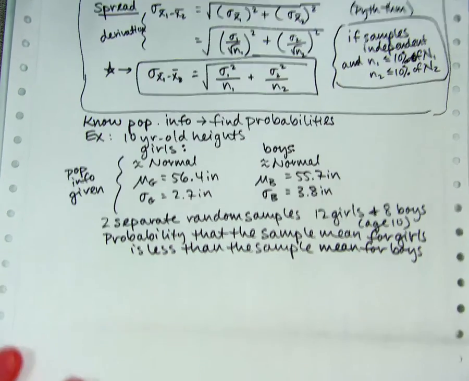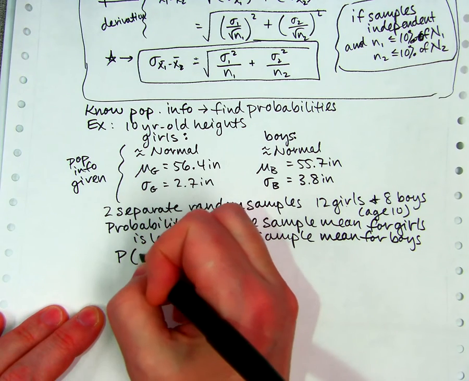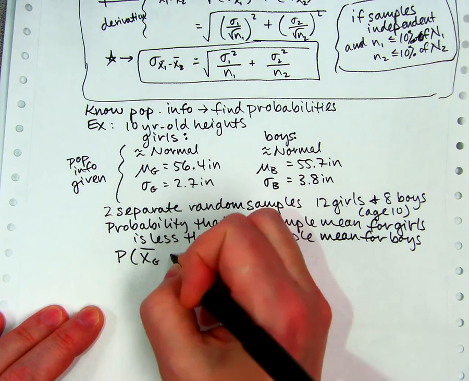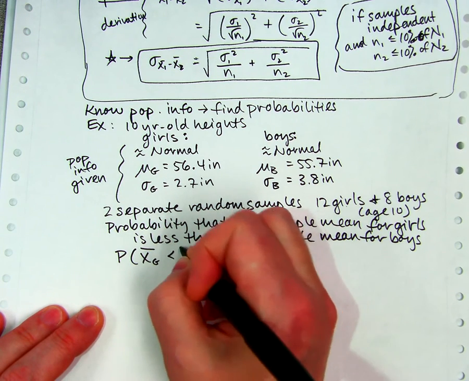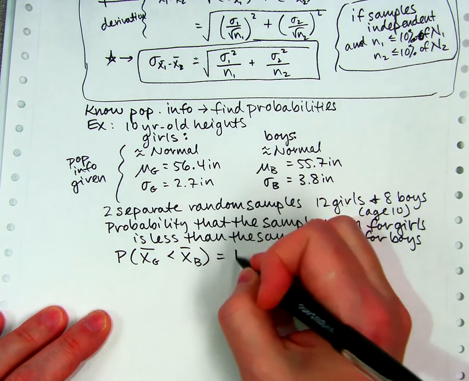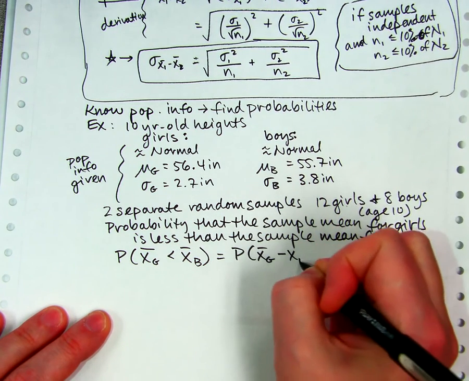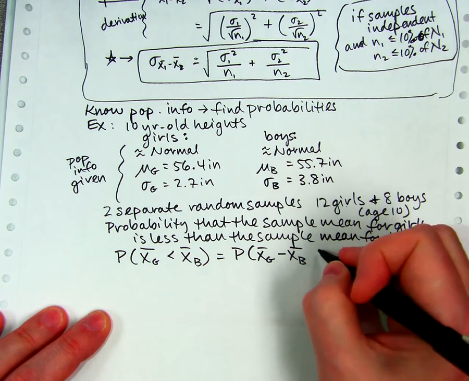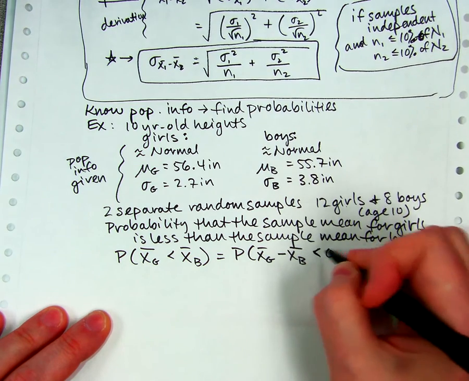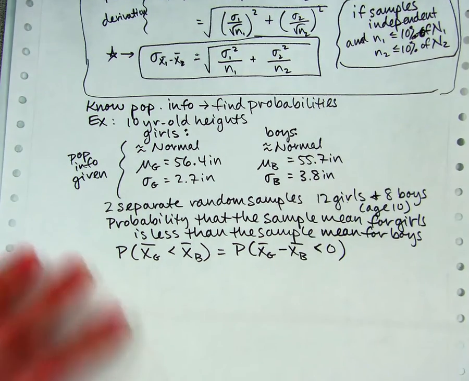All right, so in symbols, it looks like this. It's the probability that x bar g is less than x bar b, which is the same as saying the probability that x bar g minus x bar b is less than 0, given all of this information up there, which I'm not going to write out again.